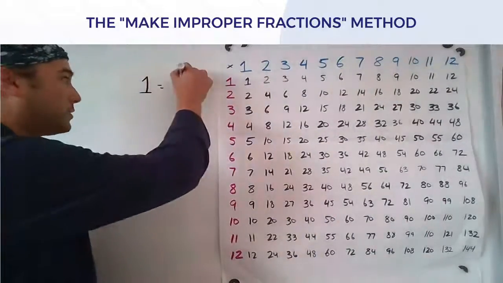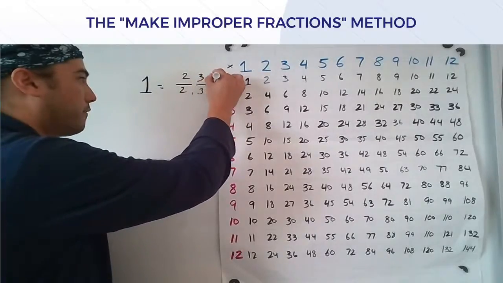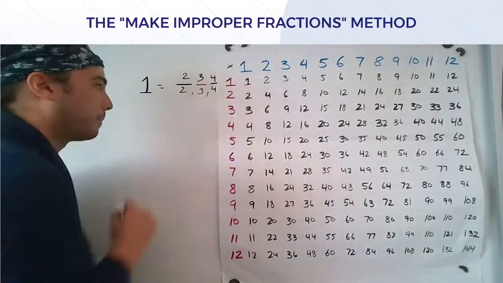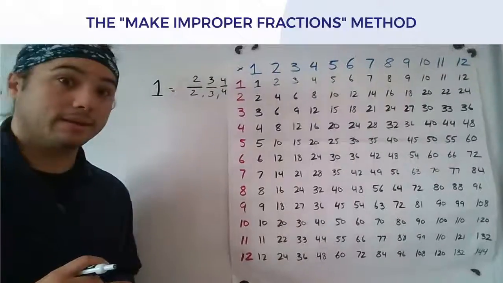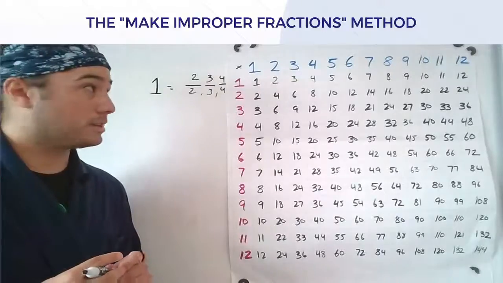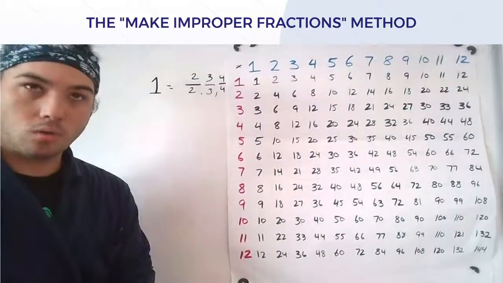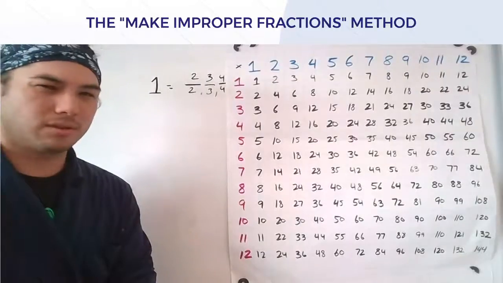So 2/2, 3/3, 4/4, etc., until the cows come home. But did you know our multiplication table also tells us fraction equivalents of other whole numbers? And here's how to look to find them.